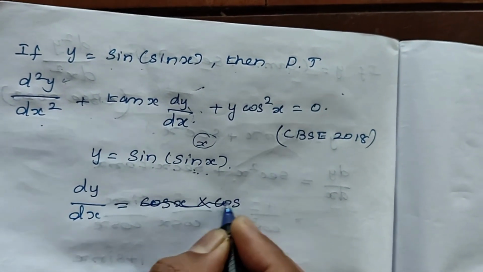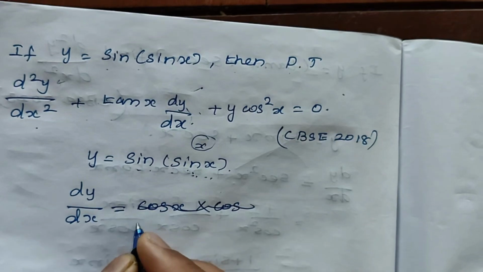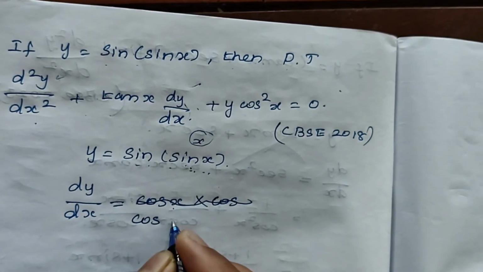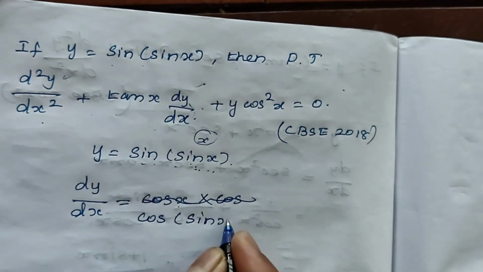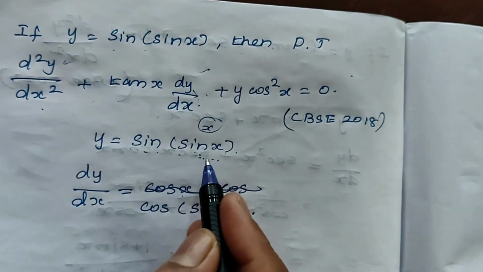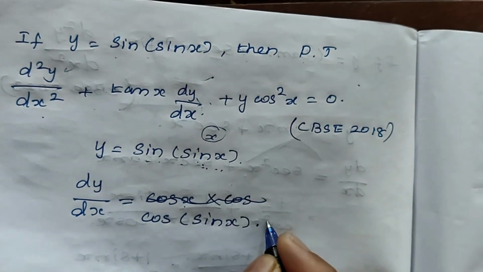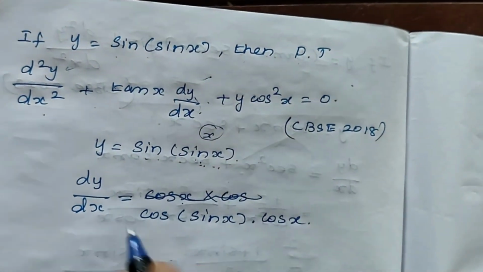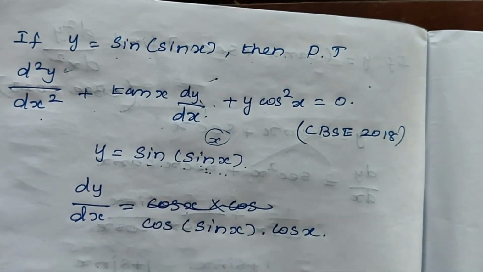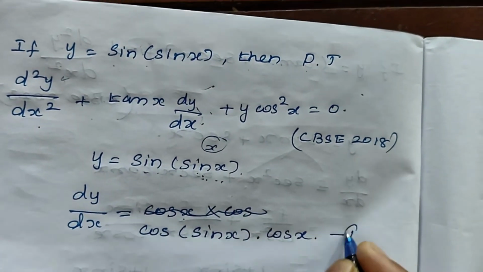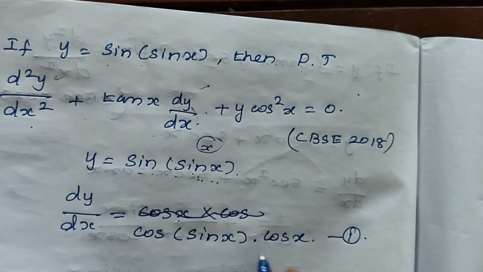So sorry, here that is sin of sin x. Therefore cos of, in the place of x you are having sin x, into differentiation of sin x, that is equal to cos x. So dy by dx. Next you have to keep this one as 1.